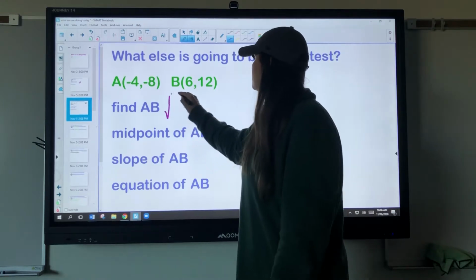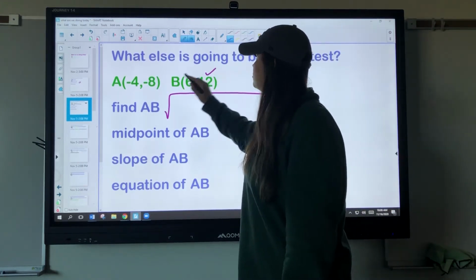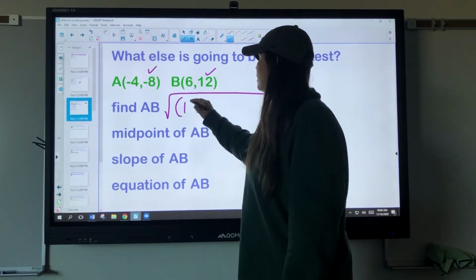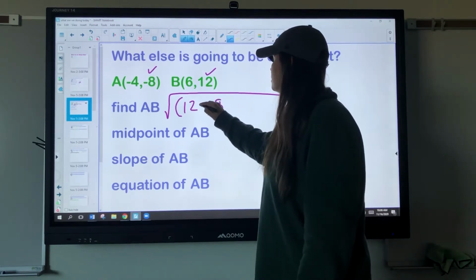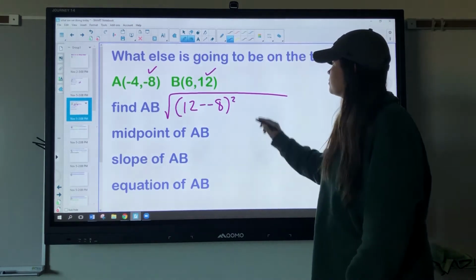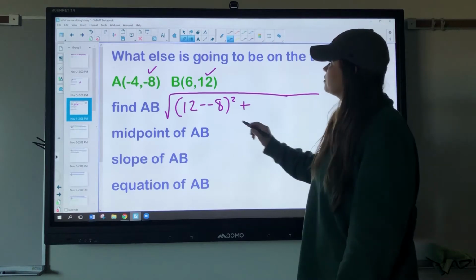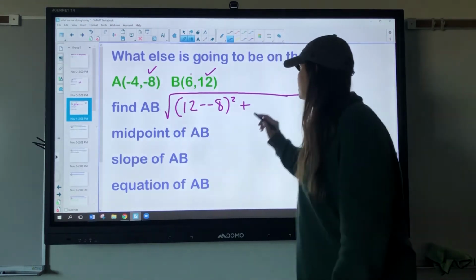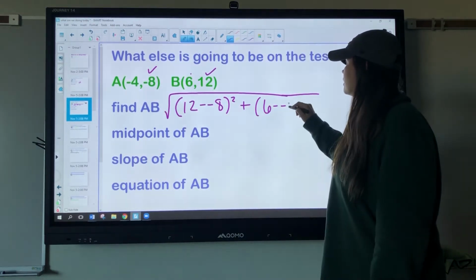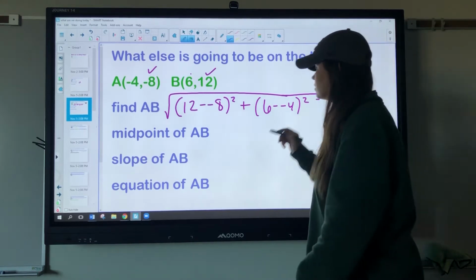That's where you subtract the back 2 numbers, so 12 minus -8, and you square that, and you subtract the front 2 numbers, 6 minus -4, and you square that.